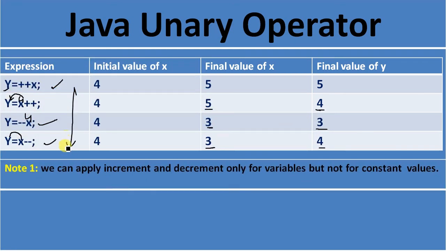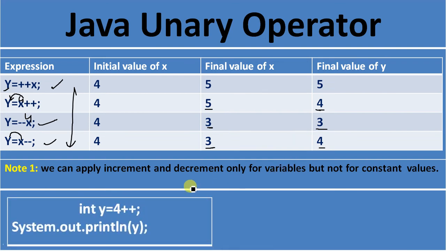Note 1. We can apply increment and decrement only for variables but not for constant values. It means if you try 4++, it will give an error because you are applying the increment operator on a constant.